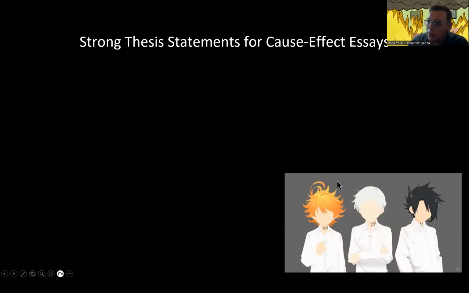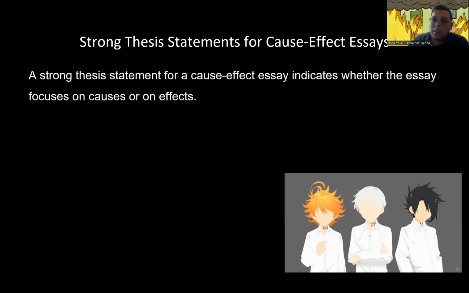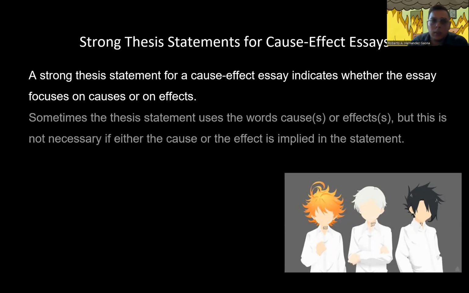But we move on to a strong thesis statement for cause and effect essays. A strong thesis statement indicates whether the essay is going to focus on causes or on effects. Sometimes a thesis statement uses the words causes or effects, like we already saw, right? But this is not necessary.